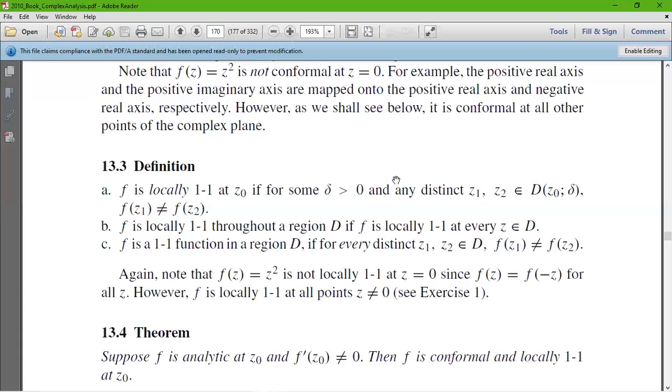Then we can say that f is locally one-to-one at the point z0.